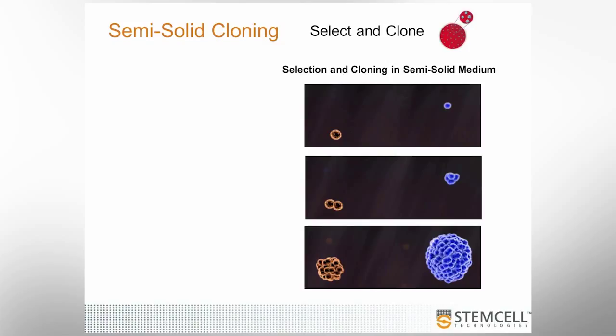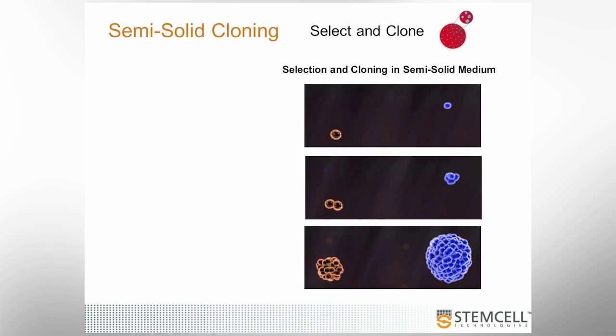The other thing to note is that you can have large colonies and small colonies, the larger colonies coming from faster-growing clones and the smaller colonies deriving from slower-growing clones, but all of them form discrete colonies and all of them can be easily isolated. And this makes it really easy to isolate a range of clones with a diverse range of growth characteristics.